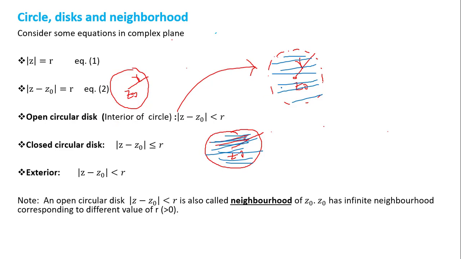Interior of the circle means excluding boundary. Open circular disk means boundaries not included. That is open from the boundaries.